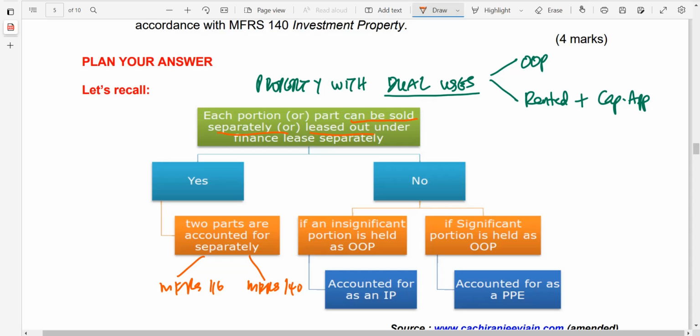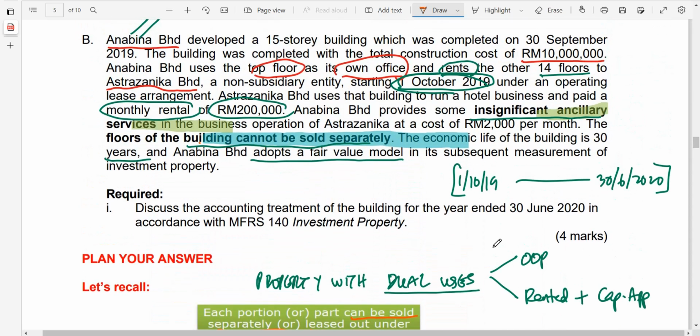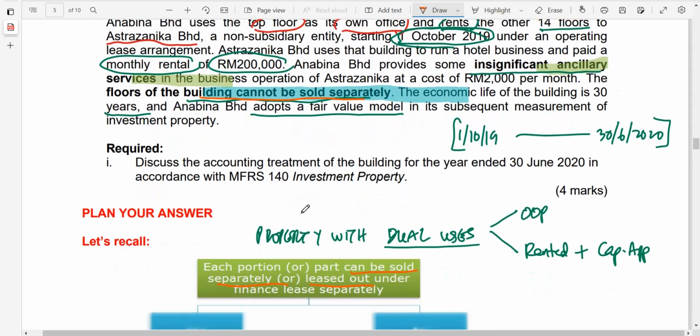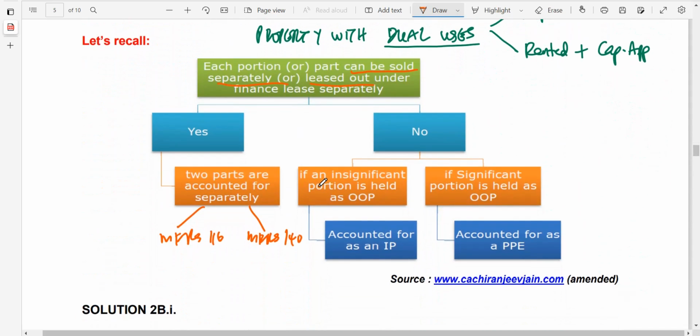In our case, you are informed that the building cannot be sold or accounted for separately, meaning that it cannot be leased out separately. So here, if the answer is no, you need to check whether or not the insignificant portion is held as owner occupied property to qualify that to be an IP.